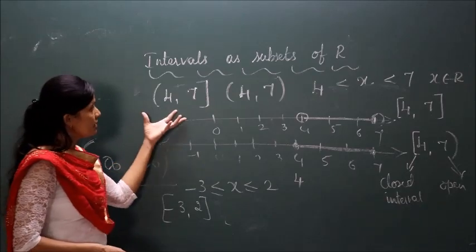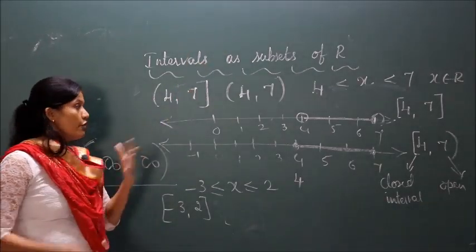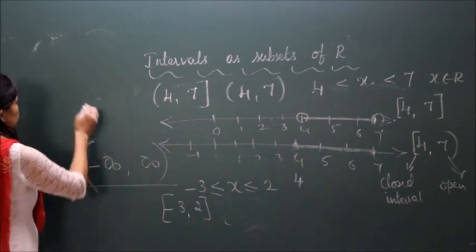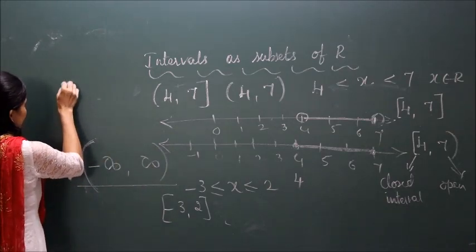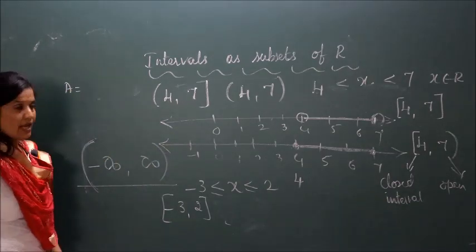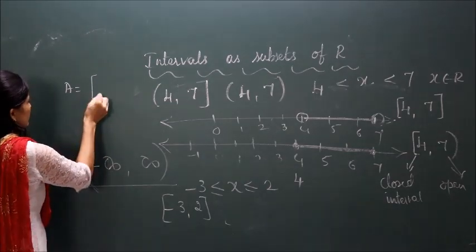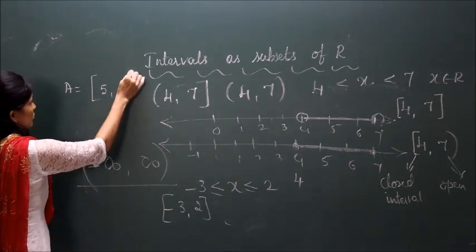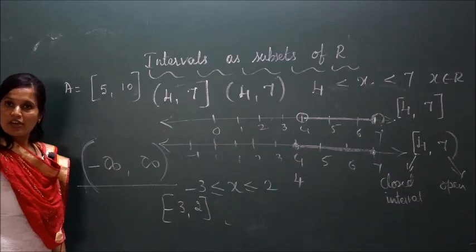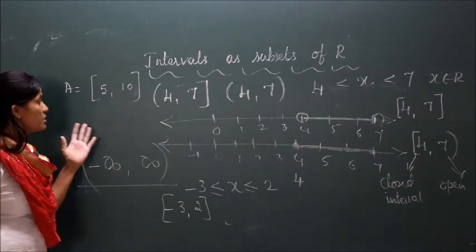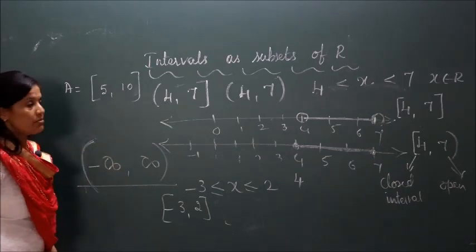Now in the case of intervals, why does the subset come in? For example, suppose there is an interval, a set A. I represent set A as the interval 5 comma 10. So you will get numbers from 5 to 10, infinitely many numbers.